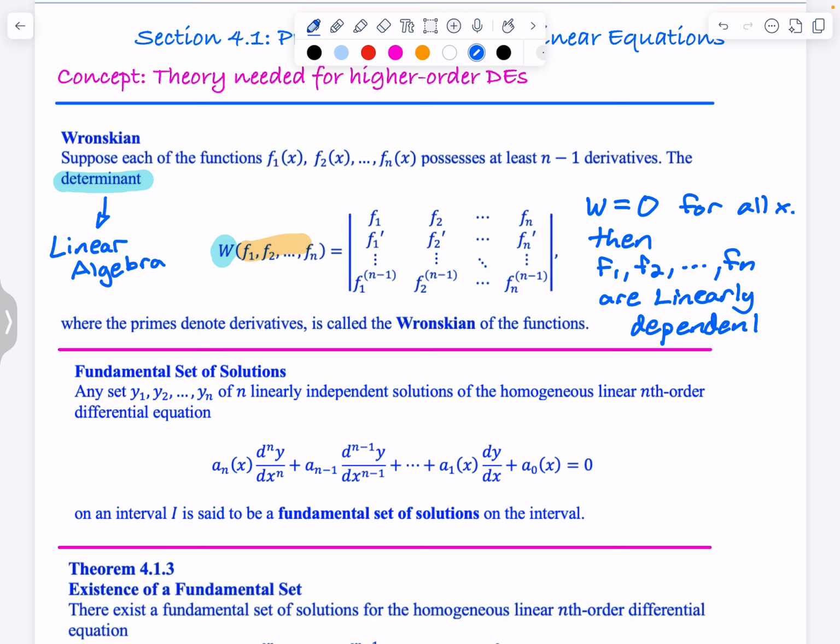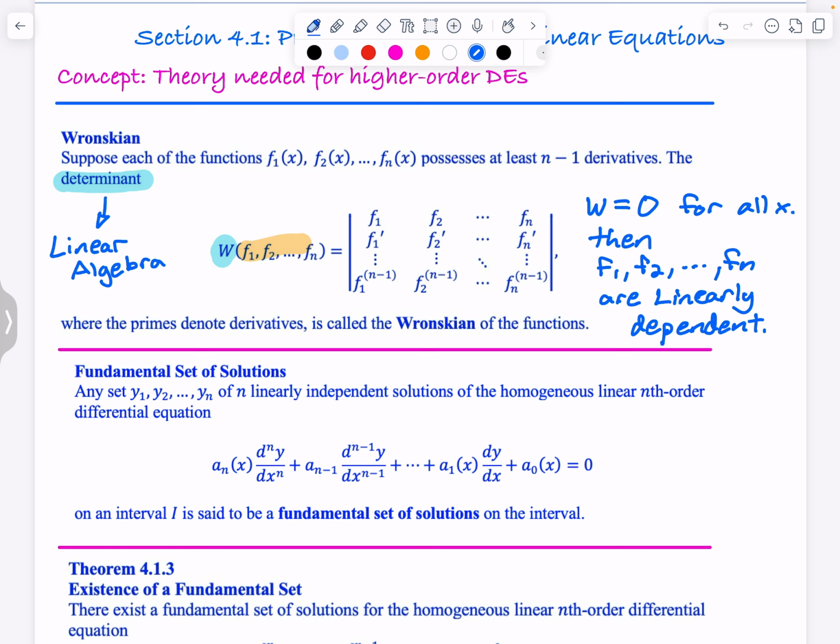So if you can get it equal to 0, then you know that it's linearly dependent. If it's not equal to 0, meaning you get a 5x or 13x or sine x or something like that, it's going to be linearly independent.